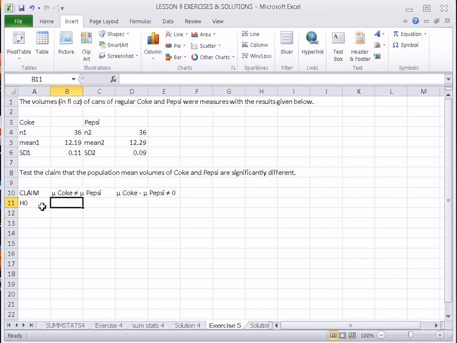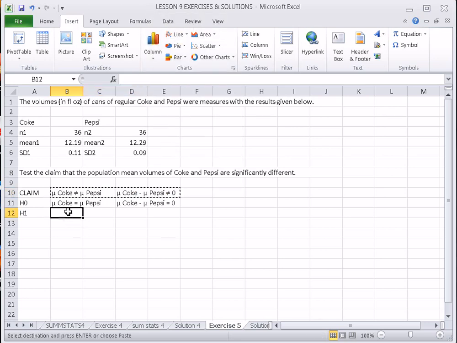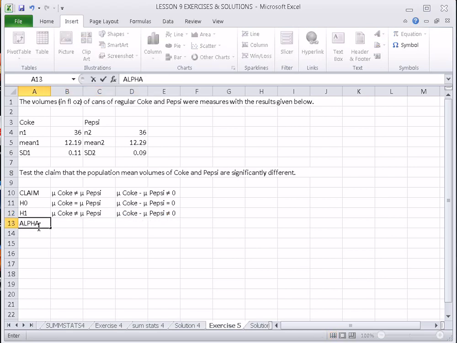We know that the null hypothesis is always a statement of equality, so we just copy these but change the not equals to equals, and that gives us the null hypothesis. The alternative hypothesis is always the same as the original claim, so I can just copy that. Alpha, let's go ahead and do 0.05 again.